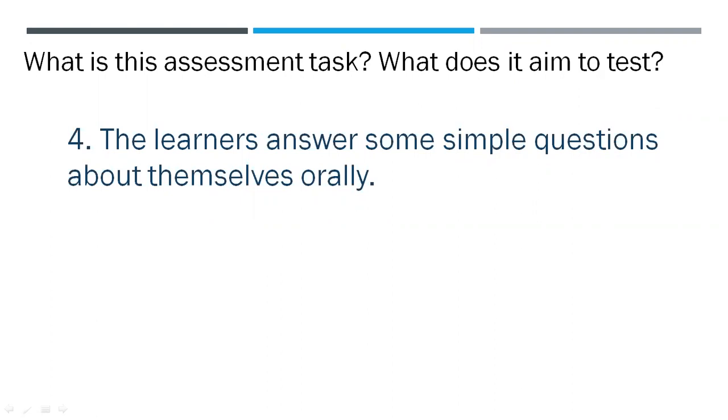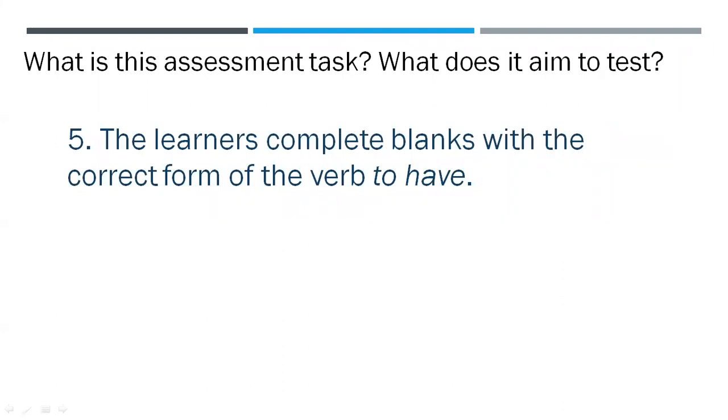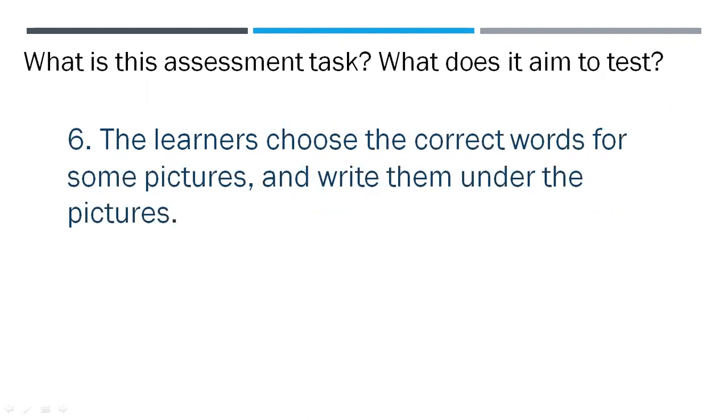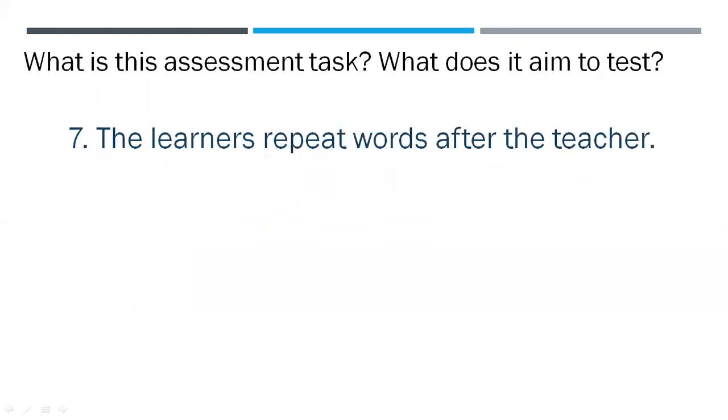The learners complete blanks with the correct form of the verb to have. The learners choose the correct words for some pictures and write them under the pictures. The learners repeat words after the teacher.